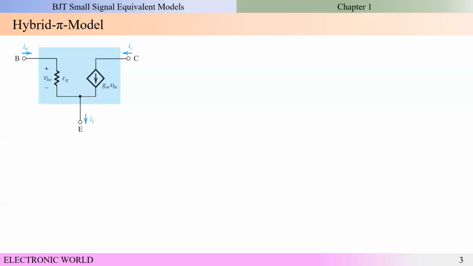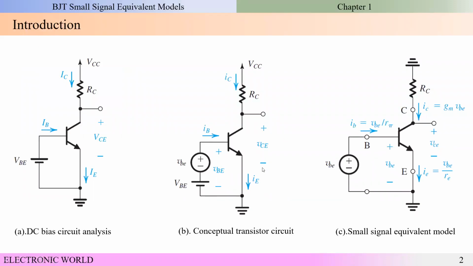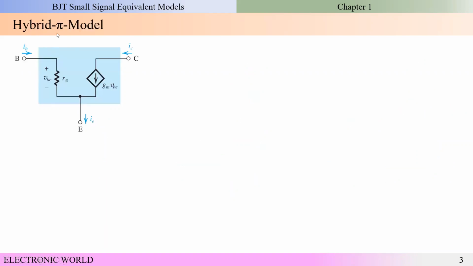In which case, what kind of scenario do we want to use this hybrid pi model? If you think about the circuit in the previous slide, you can see that there is no resistor in the emitter terminal. So in this kind of circuit, we can directly use the hybrid pi model.